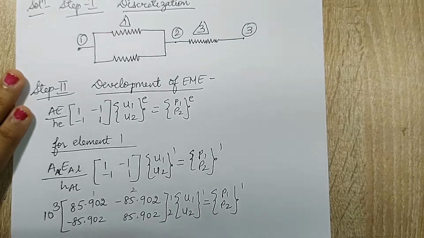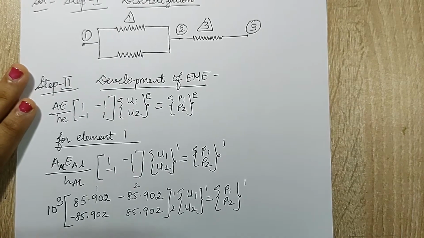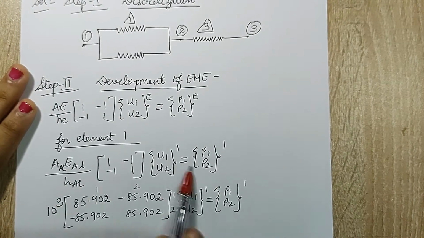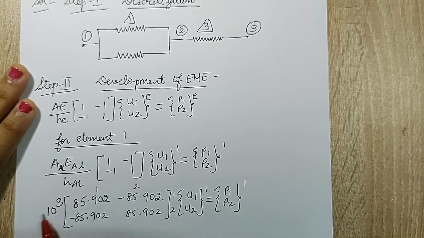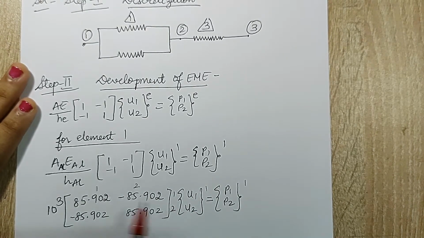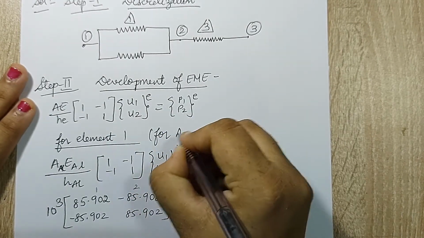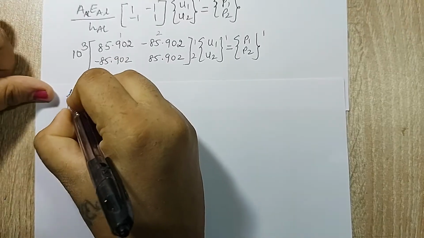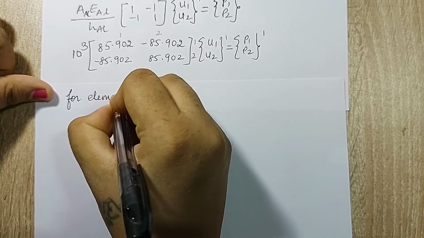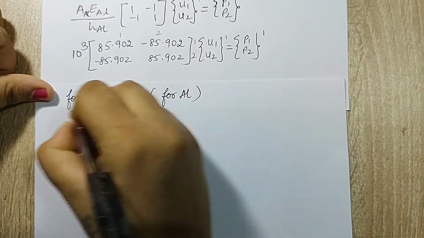If you observe for element 2, I will be writing again, just that I need not rewrite all these things. I'll just write the answer because all the values that I get over here are going to be the same, and it is again for aluminium. So I'll write for element 2, which is for aluminium.